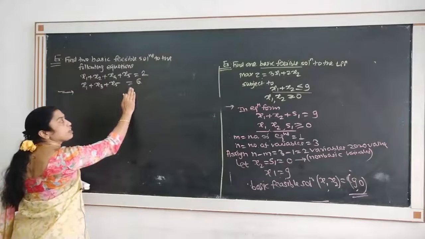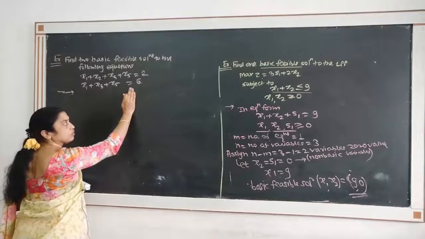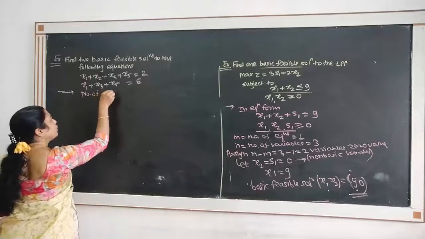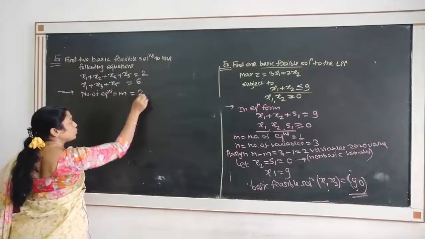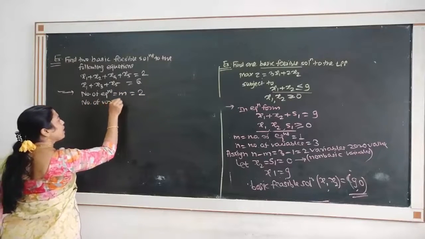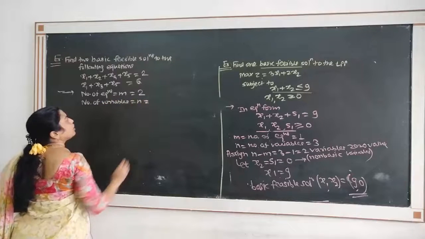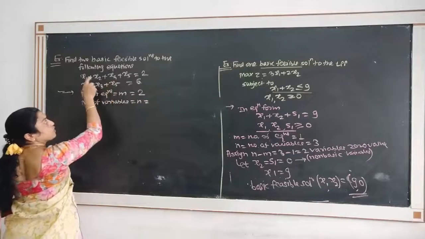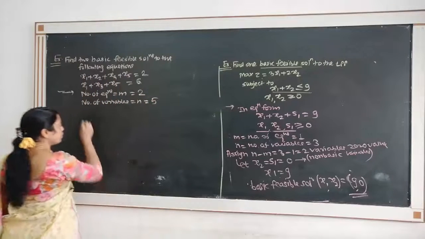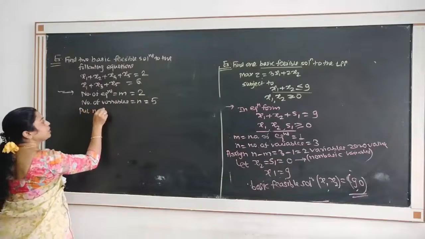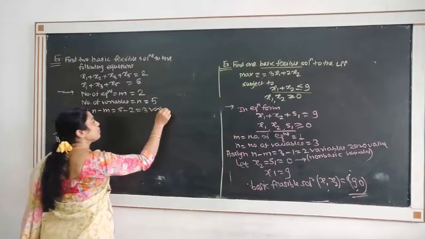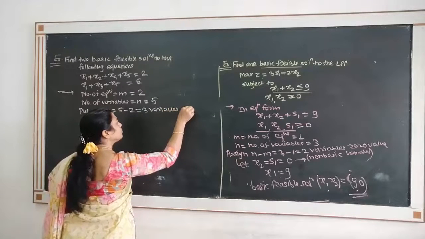Now these are already given as equations. So the number of equations, m, is equal to 2 and the number of variables, n, is 5: x1, x2, x3, x4 and x5. So put n minus m, that is 5 minus 2, that is 3 variables, equal to 0.